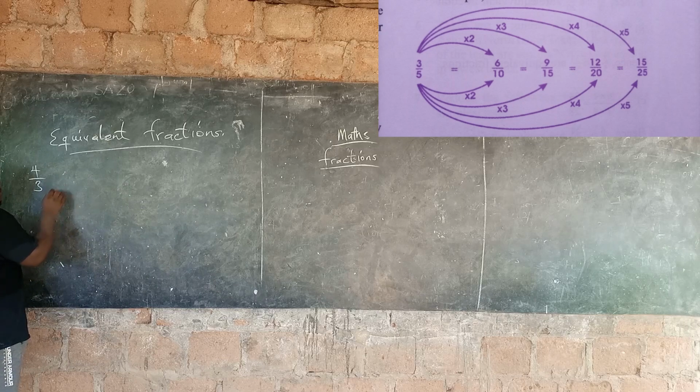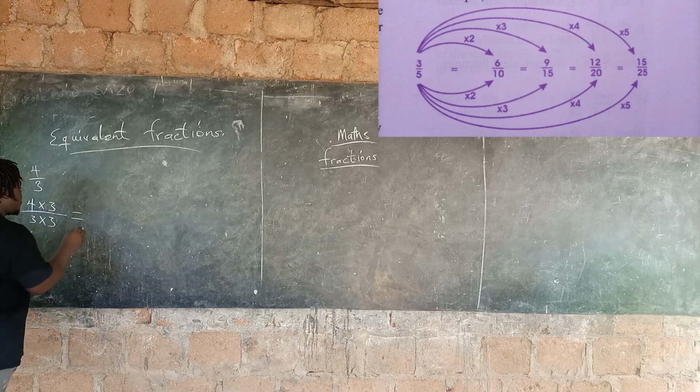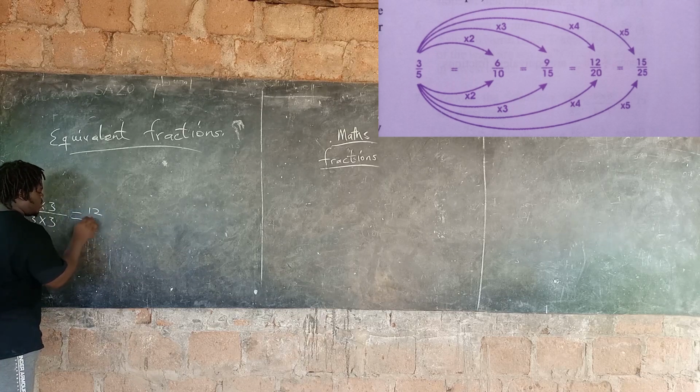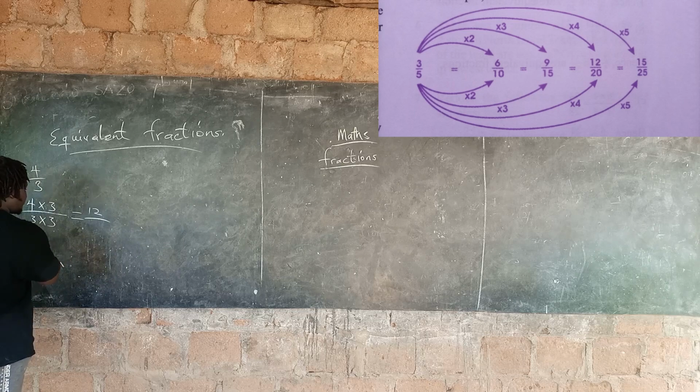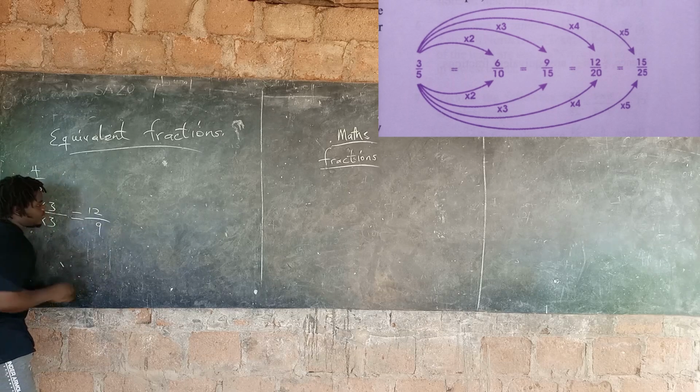So let's do this. 4 times 3 over 3 times 3. 4 times 3 will give you 12, and 3 times 3 will give you 9.